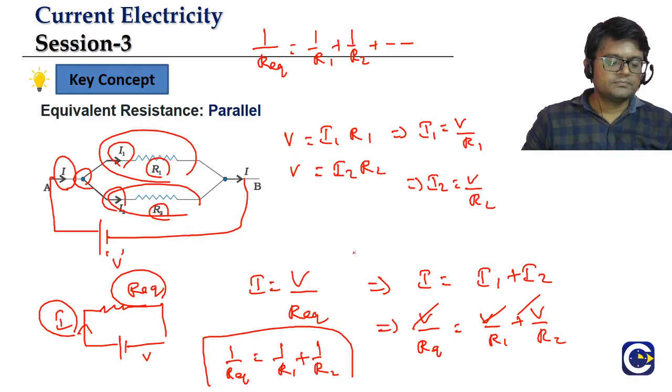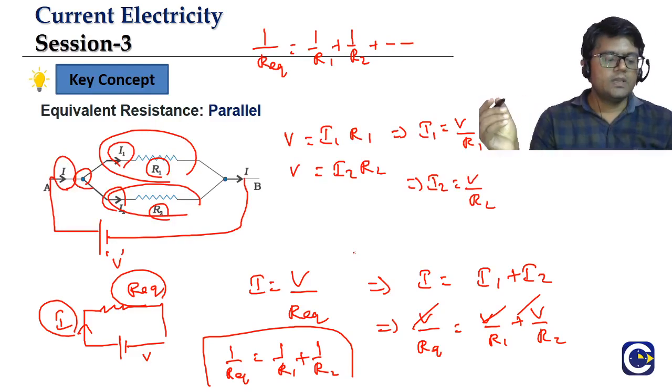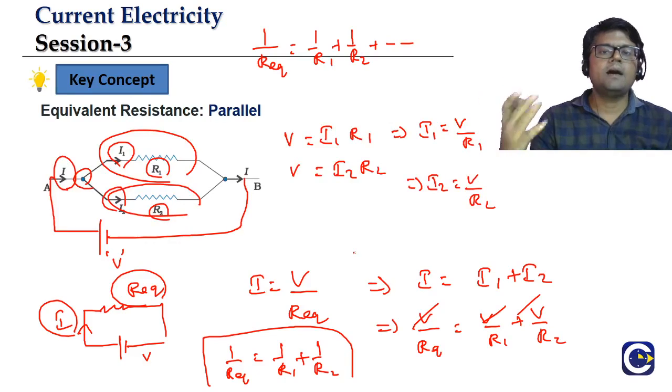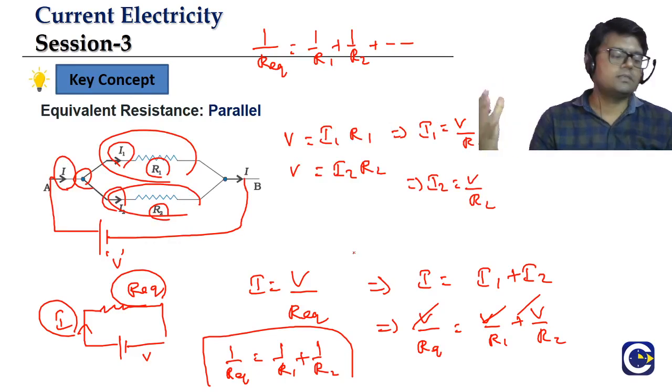And one more thing that we will anyway explore while we are doing the questions on this. If you have any number of resistors, do you know how we can achieve maximum resistance value? We can achieve the maximum resistance value by keeping them in series. Why? Because the series combination formula is R equivalent equals R1 plus R2 plus R3 and so on, means we are simply adding them.